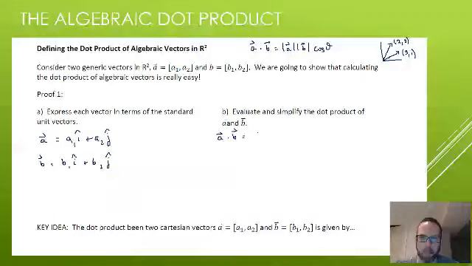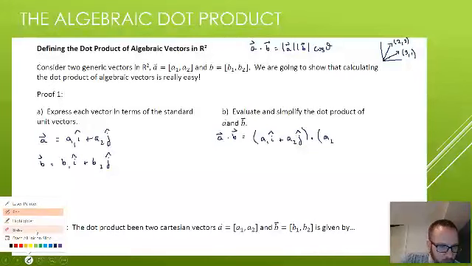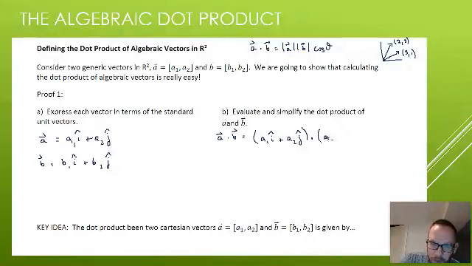So A dot B is A1 i hat plus A2 j hat dotted with B1 i hat plus B2 times j hat. Lots of A's and B's and i's and j's. Wait till we do 3 dimensions.